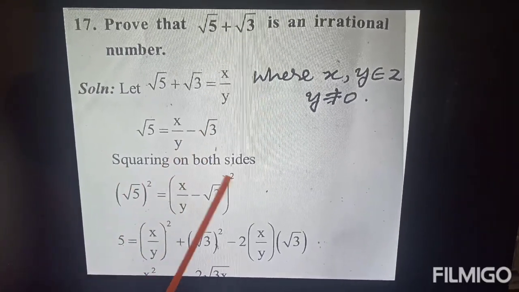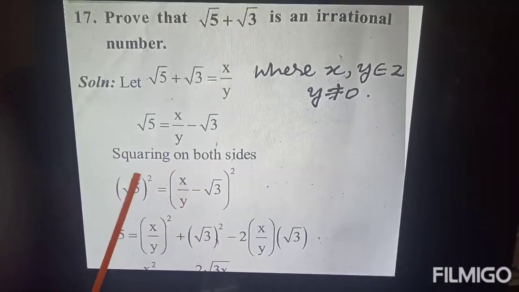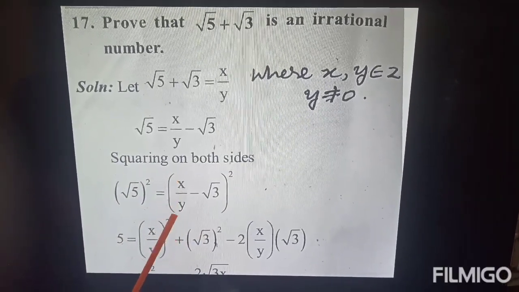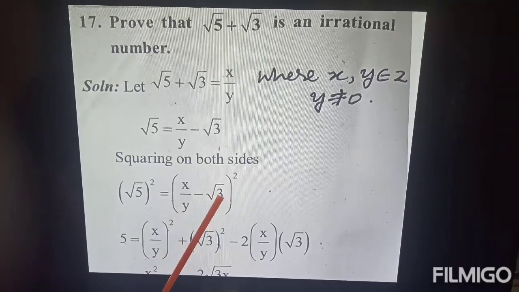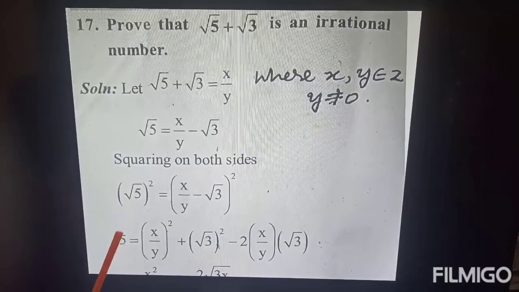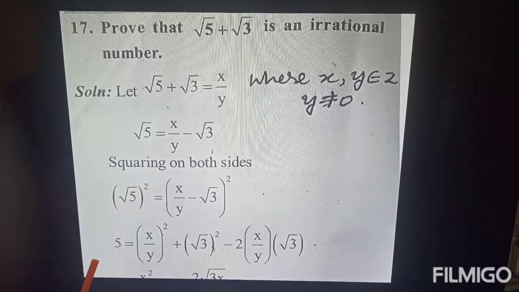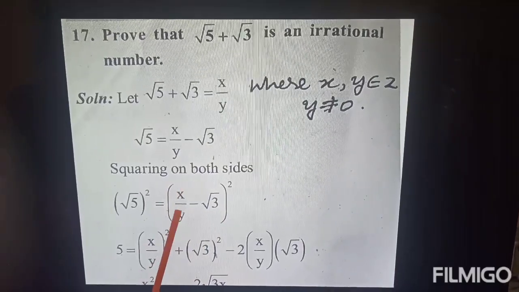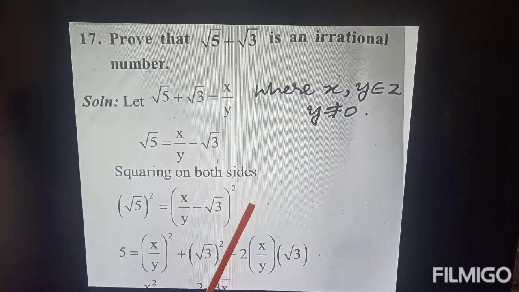Then squaring on both sides. Root 5 whole square on the left, and on the right x by y minus root 3 whole square. By squaring, the root and square cancel, only 5 remains. On the right side it is like a minus b whole square.